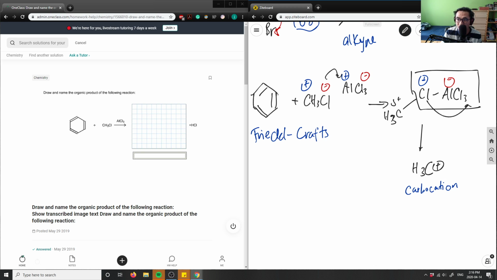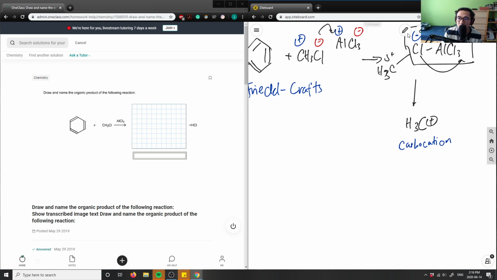So I made the carbocation, and if I add this with my benzene, the benzene here is electron rich. This is positively charged, so it's in blue, a positively charged carbocation.